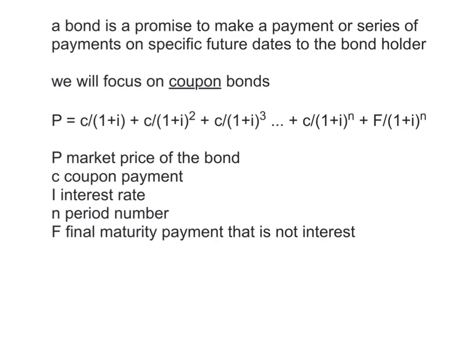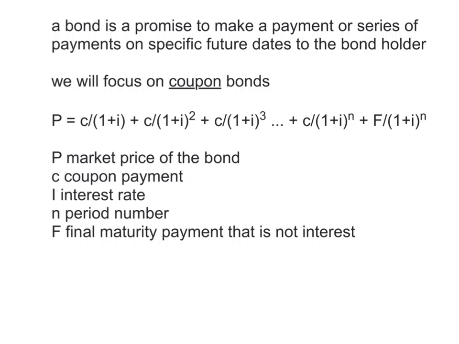Let's talk a little bit more in depth about the structure of US Treasury bonds. Now, for Treasury bonds with maturities greater than 1 year, the design is as coupon bonds. A coupon bond is a bond that promises to pay a regular payment at defined intervals, with possibly a final maturity payment.